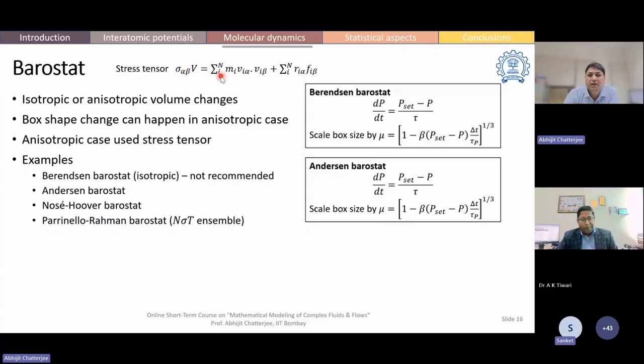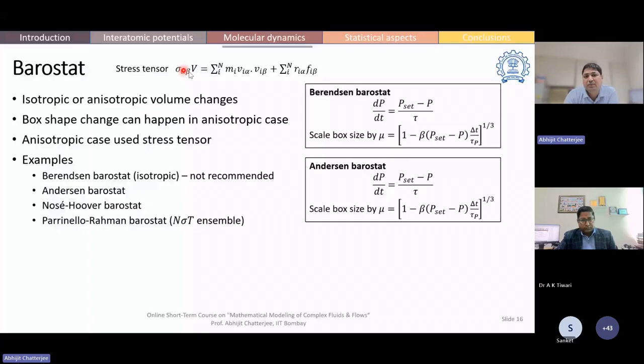So it turns out that if you want to set the system to a particular pressure, and you find that this right-hand side is giving you a value which is not desirable, then you can have a volume change and get to the correct pressure. Okay. So basically what is done in the case of a barostat is we have volume changes in the system.